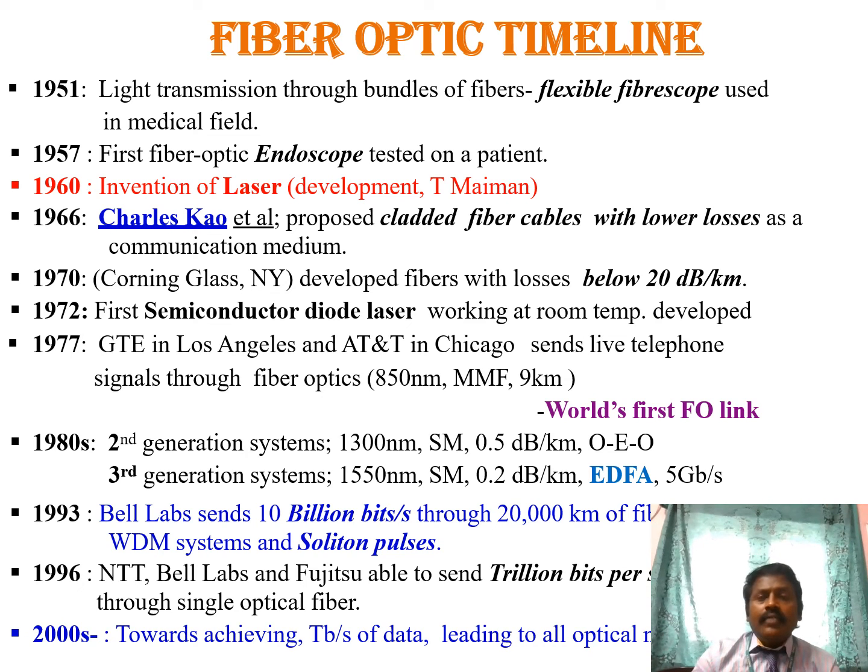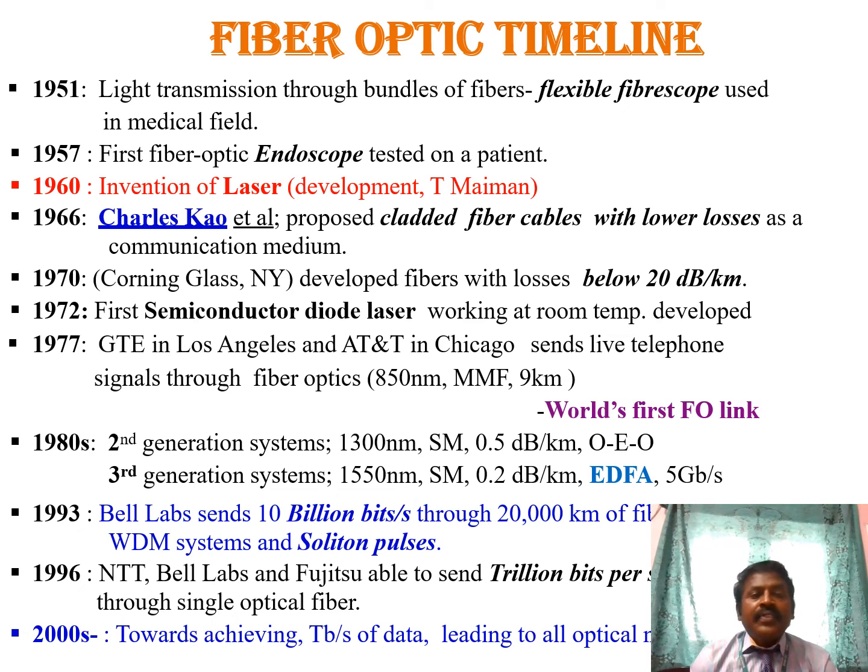What is the fiber optic technology growth from the start? In 1951, light transmission was done by a bundle of fibers, a flexible fiberscope used in the medical field only. Then in 1957, the first fiber optic endoscope came into the picture, and that was used for patients, only in the medical field. Then in 1960 the laser was invented.